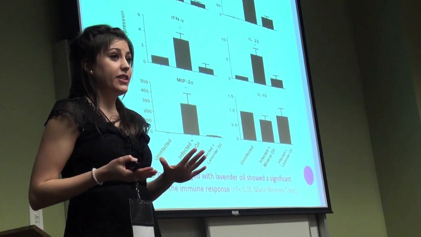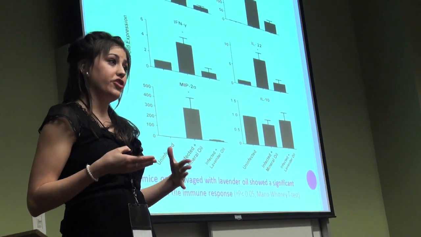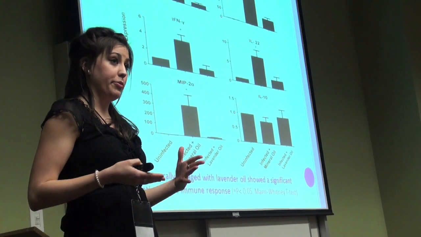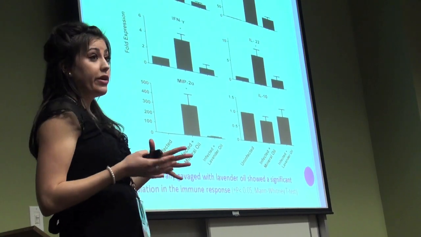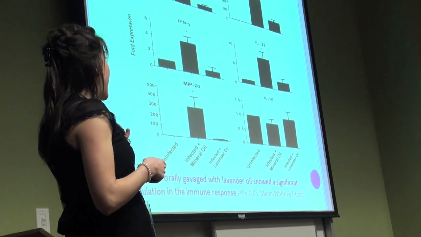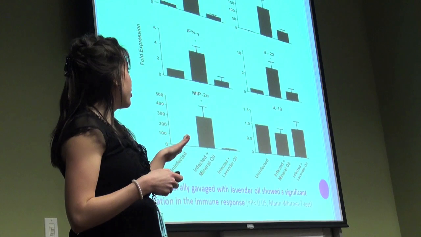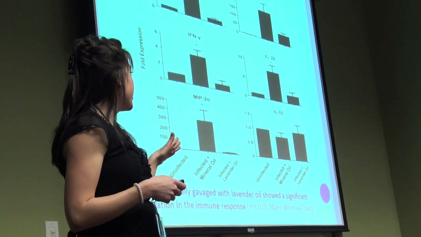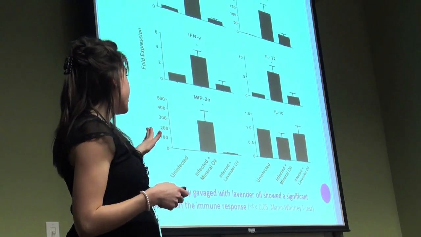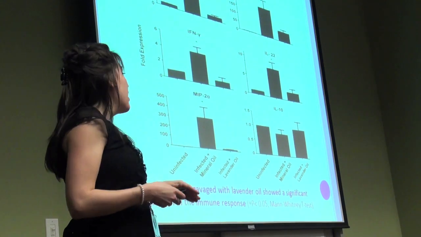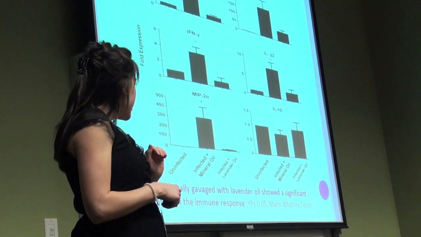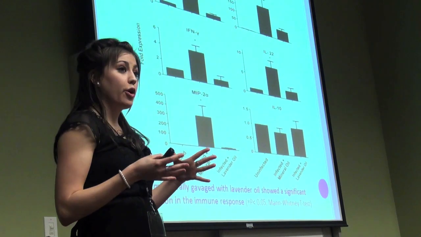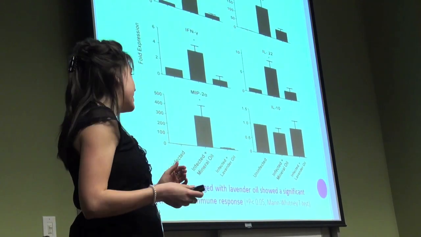So next we did qPCR. This is to look at the level of gene expression of our various inflammatory mediators. Our pro-inflammatory mediators were the enzyme iNOS, the pro-inflammatory cytokine tumor necrosis factor alpha, interferon gamma, interleukin 22, and macrophage inflammatory protein 2 alpha. You can see in the lavender-treated mice, the expression of these pro-inflammatory mediators is drastically decreased.